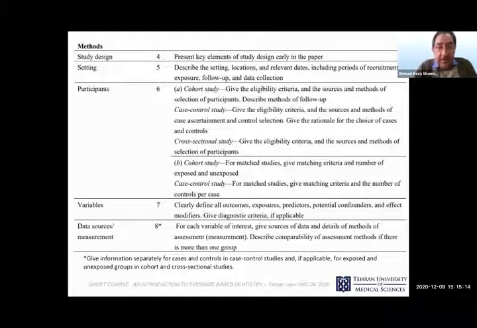The control selection for case control study is very important. And the rationale for the choice of cases and controls should be given. And for cross-sectional studies, again, eligibility criteria should be provided, and the sources and methods of selection of participants. As Dr. Khami mentioned, for cross-sectional studies, the researchers should clearly state who, when, and where in their methodology, because when you repeat the cross-sectional study in different locations and different populations at different times, you get different results.